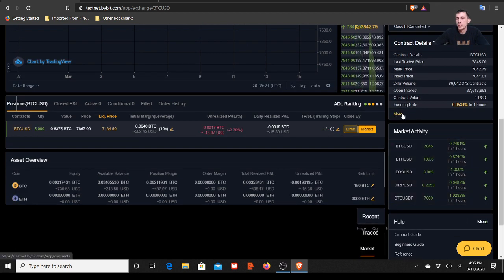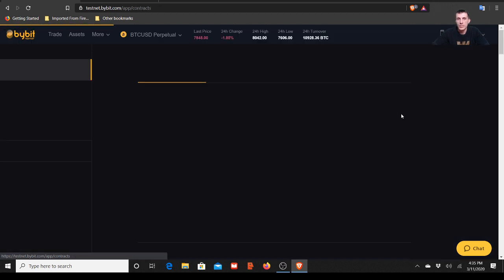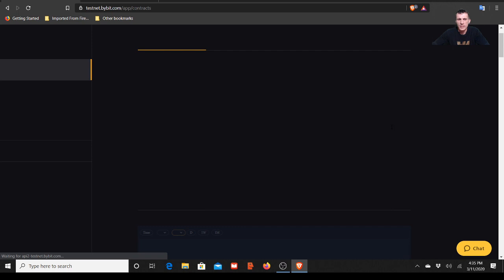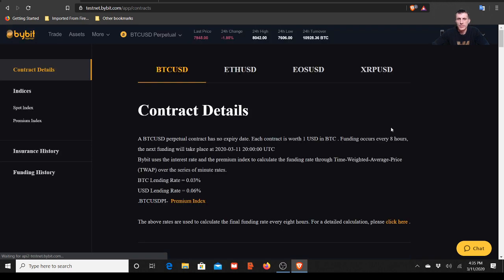You can go in there. The details will have the exact times and everything, I do believe. It might tell us here. The next funding will take place 2023-11-20 at UTC. Bybit uses interest rate and premium index to calculate the funding rate through time-weighted average price, TWAP.